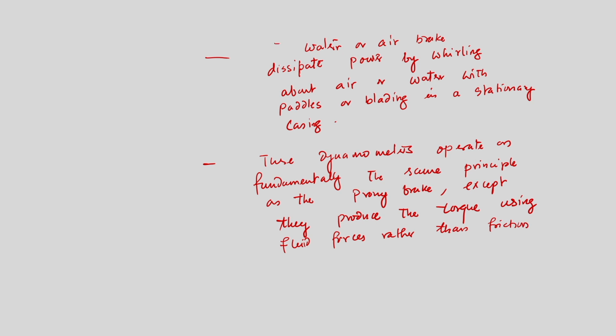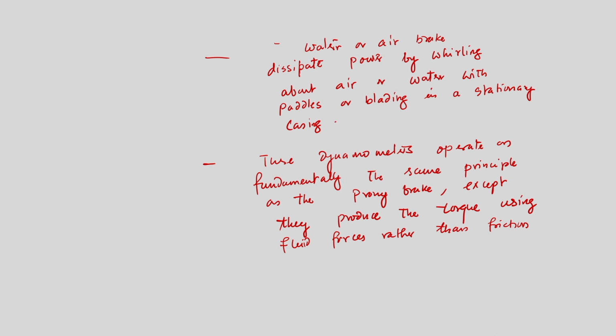So, the Prony brake we have discussed. Other popular absorption type dynamometers are the water and air brake. In water and air brake, they dissipate power by whirling air or water with paddles or other blading arrangements in the stationary casing.